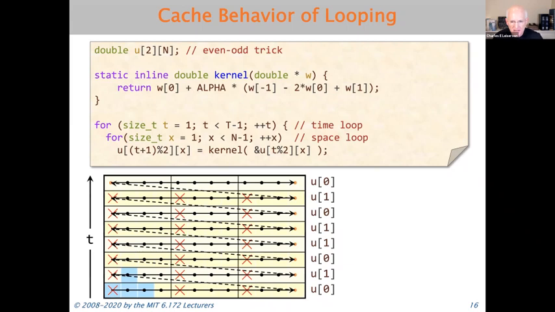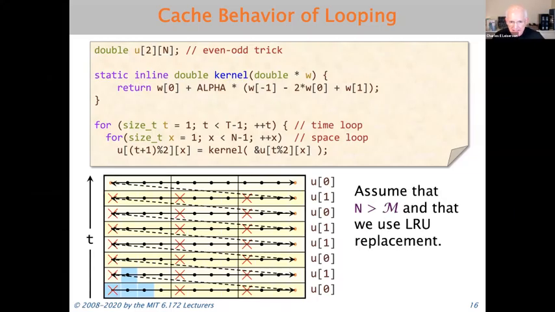The illustration I've just put up shows the space-time iteration space, which has size theta of NT. But the physical memory that we need is predominantly U, where we're storing the heat values, and that has size order n because it contains only two length n rows, U0 and U1.